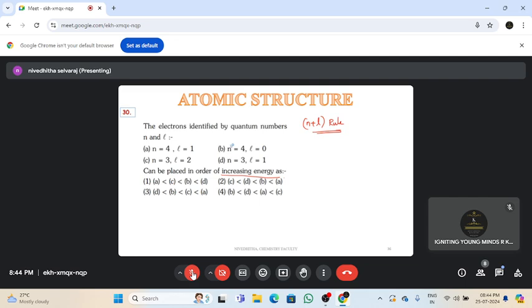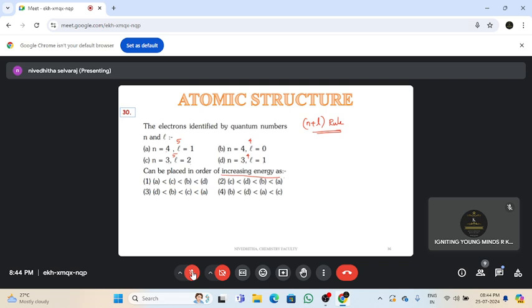So arrange these in the increasing order of energy. Here the n plus l value: 4 plus 1 is 5. Here 3 plus 2 is also 5. Here 4 plus 0 is 4. 3 plus 1 is 4. So among A, B, C, D, B and D must have lesser energy because these two orbitals have lesser n plus l value.